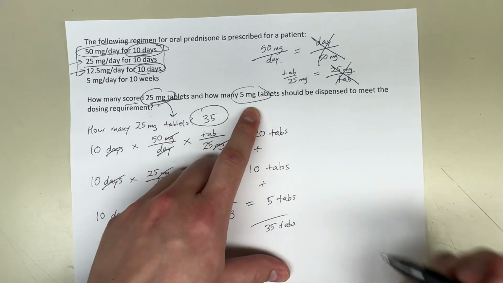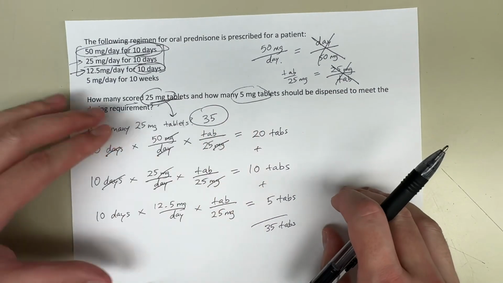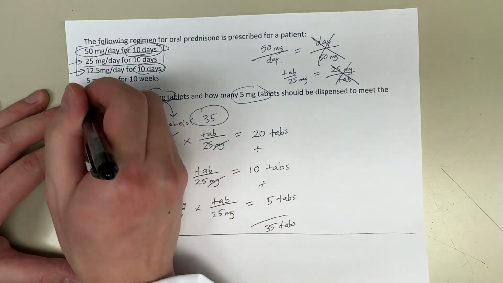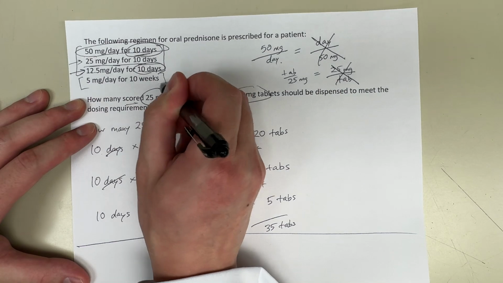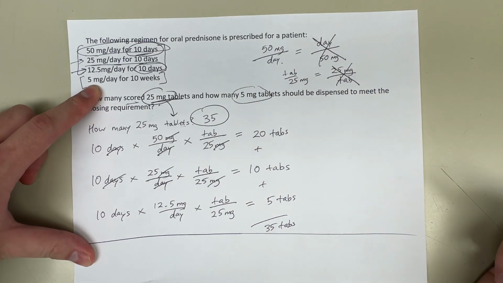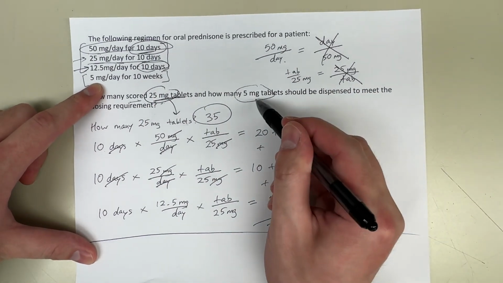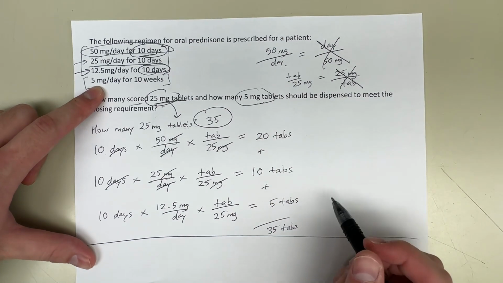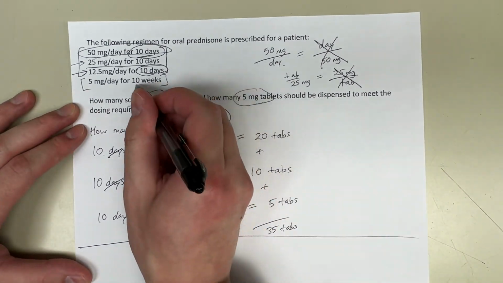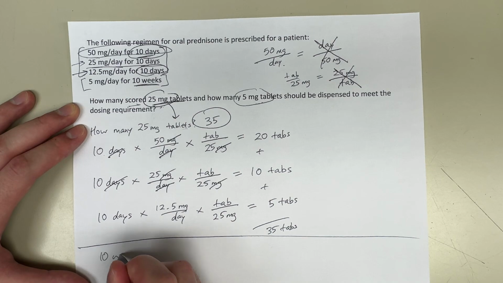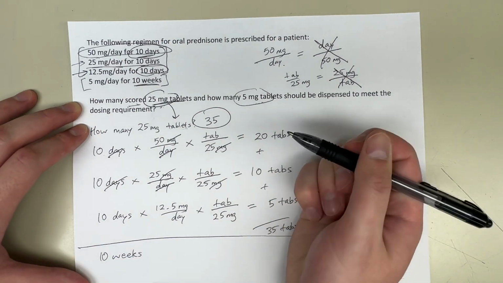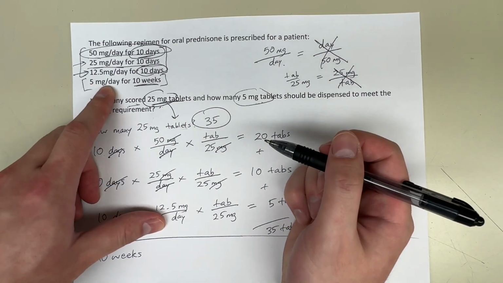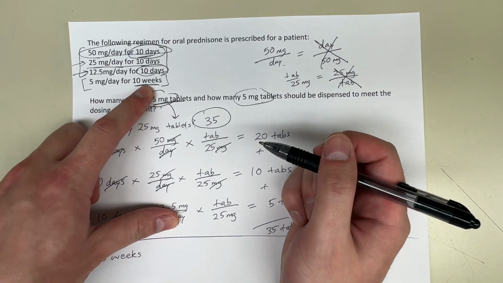Now I'm going to solve for how many 5 milligram tablets I need. I'm going to use this very bottom one, 5 milligrams per day, because I have 5 milligram tablets. We use a starting point of 10 weeks because it's one line here. You'll notice this is 5 milligrams per day, so I need to convert weeks to days.